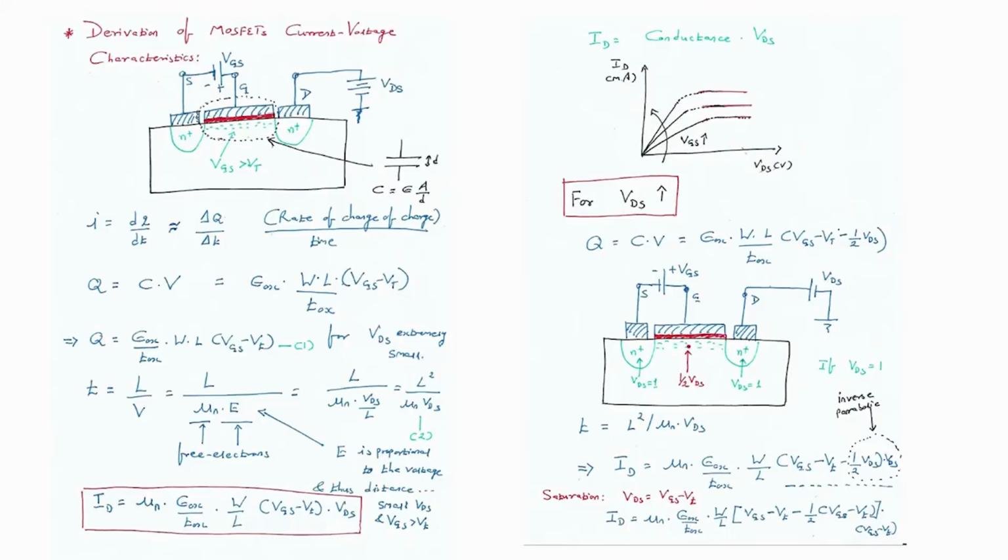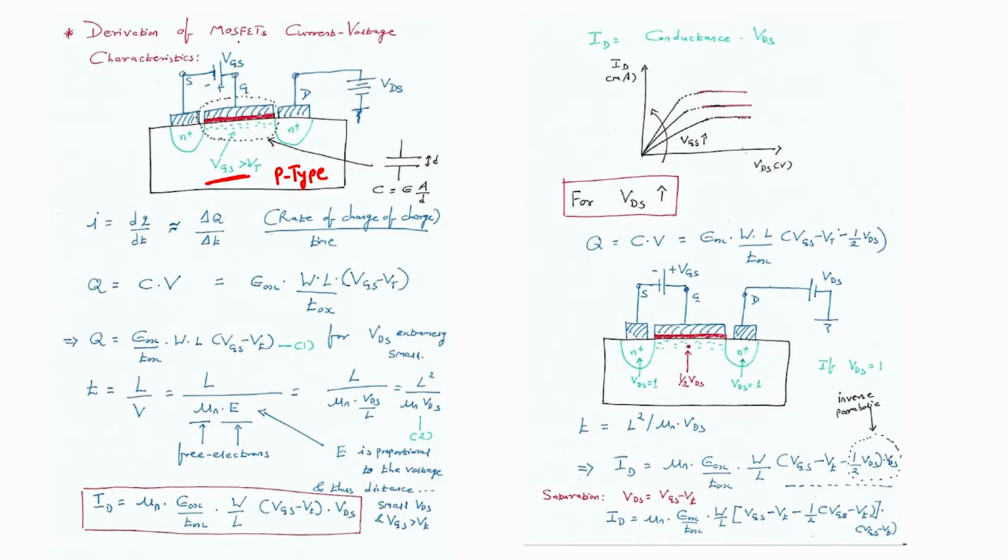If you see the screen, what you see here is a MOSFET. This is an N channel, so we have a P type substrate. There is no channel formation initially, but when my VGS is greater than VT, there will be formation of a channel.